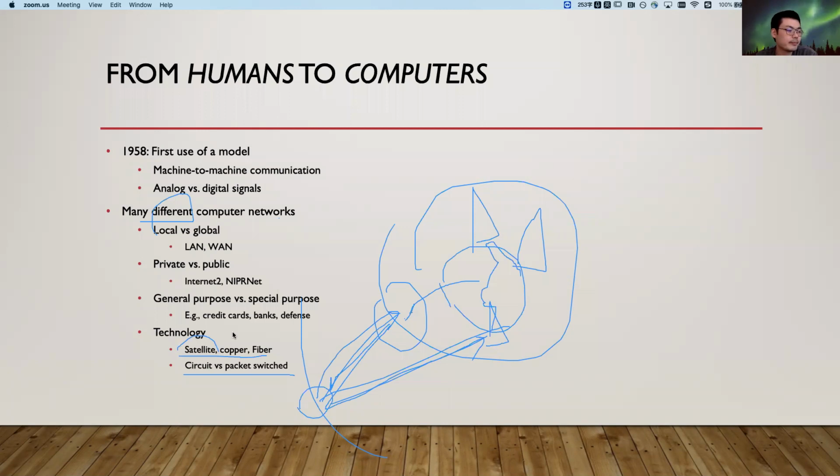And copper is really the dominating technology these days. If you connect to the internet using the cable modem that you also share with your television, in that case it's actually a cable.